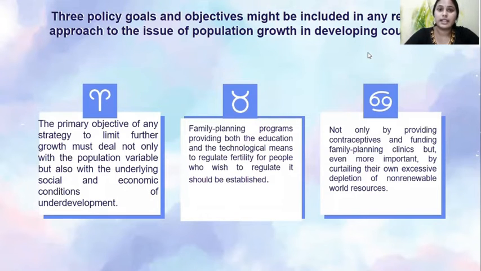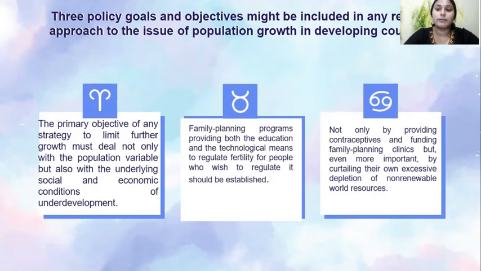So for the last slide from my part, there are 3 policy goals and objectives that might be included in any realistic approach to the issue of population growth in developing countries. The first objective or policy is that the primary objective of any strategy to limit further growth must deal not only with the population variable, but also with the underlying social and economic conditions of underdevelopment.